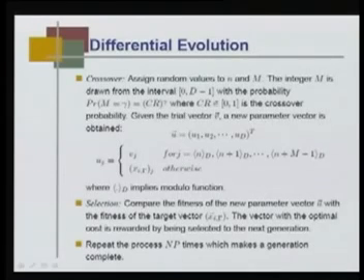If j equals n modulo d, meaning the remainder when I divide n by d gives j, then I retain Vj. Otherwise, I take the jth element from my target vector.